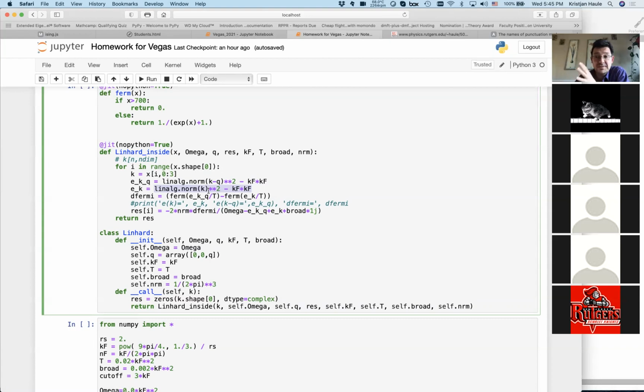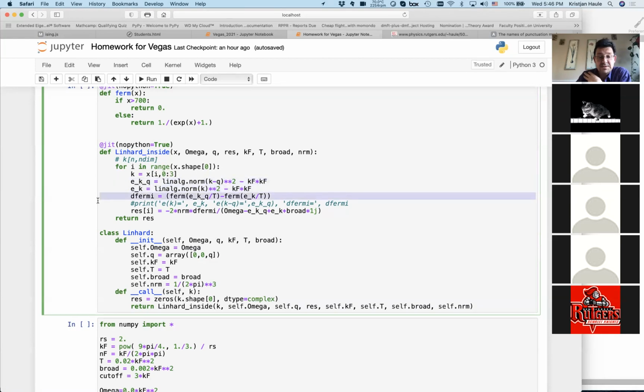It's the square root of kx squared plus ky squared plus kz squared. So we calculate k squared minus kf squared, and the same we do for k minus q. Again, k here is a three-dimensional vector, q is a three-dimensional vector, and k minus q is a three-dimensional vector. So we use NumPy to calculate the norm of the vector. So this gives you the energies.